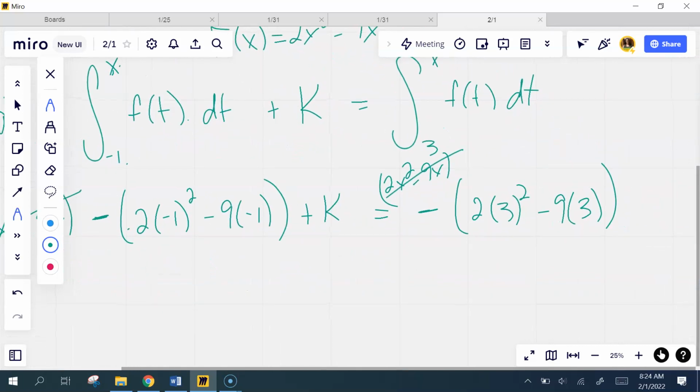I can also take a negative from both sides. So those are gone. So I end up with 2 times 1 plus 9 plus k equals 2 times 9 minus 27. I'll just solve it for k.